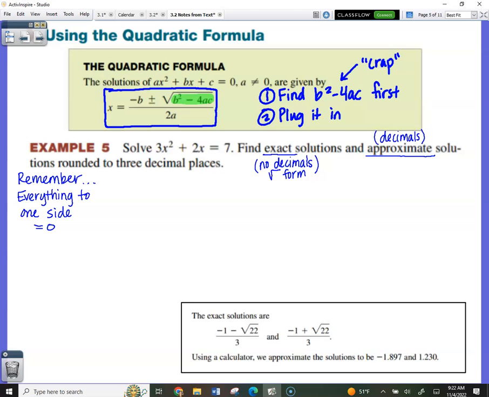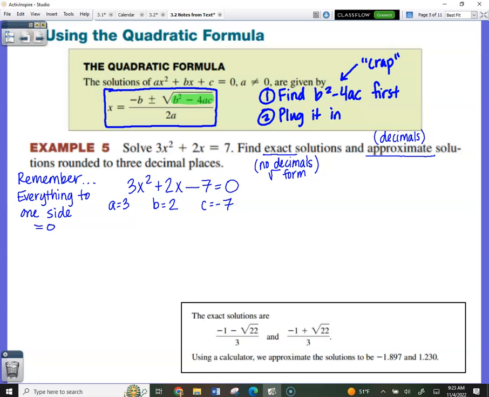All right, so my example here, 3x squared plus 2x equals 7. I need to subtract the 7 over. So I've got 3x squared plus 2x minus 7 equals 0. All right, what's A? What's B? And what's C?